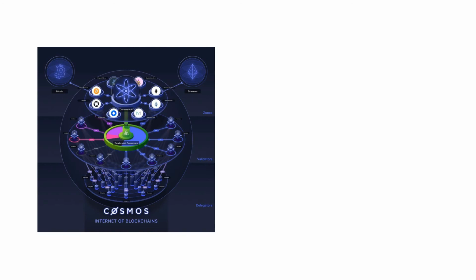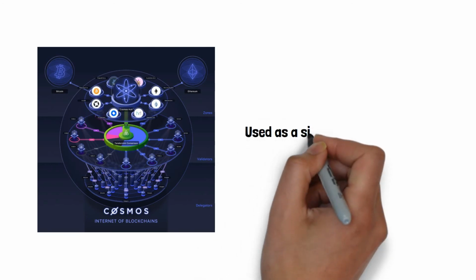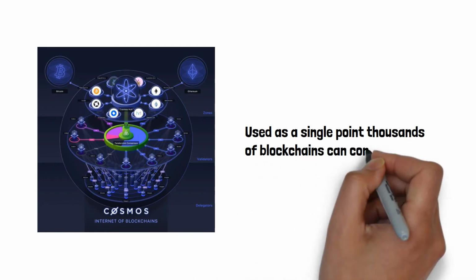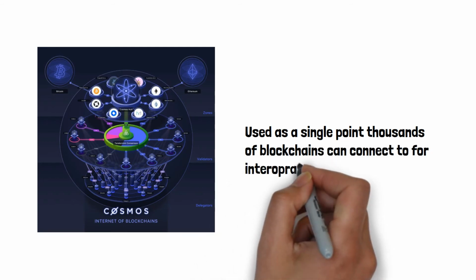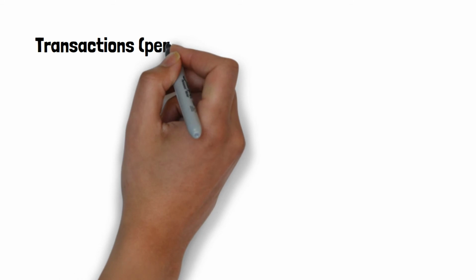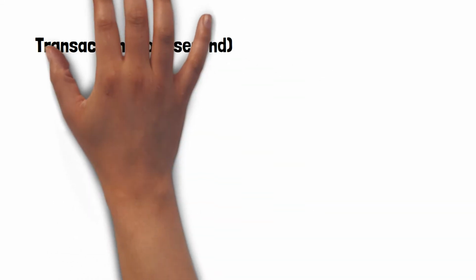Instead of using dozens of bridges to connect all of these blockchains together, the Cosmos network uses hubs, which are basically blockchains that act as a single point that thousands of blockchains can connect to for interoperability with other connected chains. Cosmos solves the scalability problem which so many projects are struggling with at the moment.